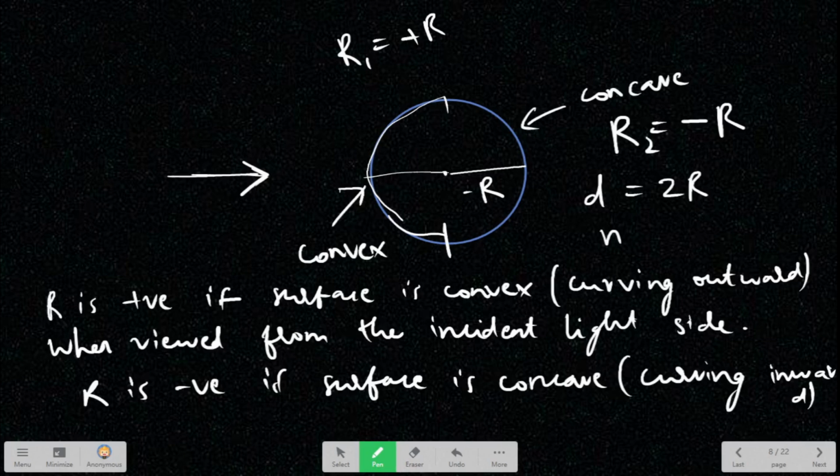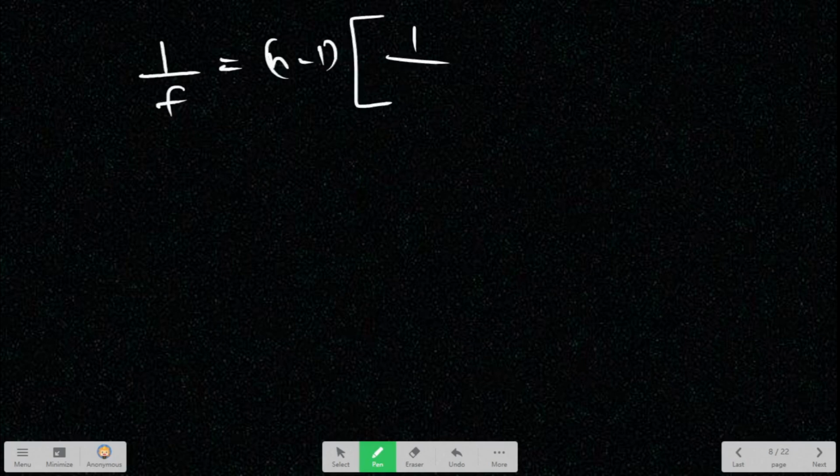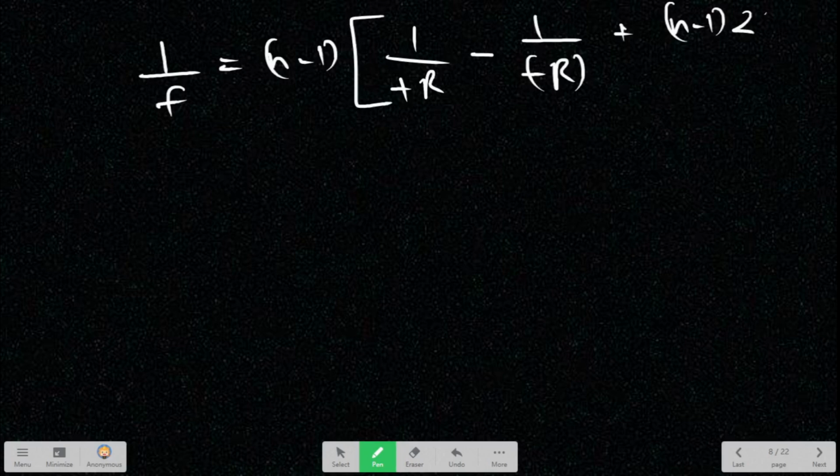So if we put all these values in the thick lens formula, we get 1 by f is equal to (n minus 1) into (1 by R1, R1 is plus R, minus 1 by R2, R2 is minus R) plus (n minus 1) into d, thickness is 2R, divided by n into R1 which is plus R into R2 which is minus R.